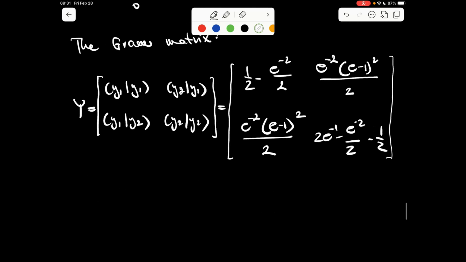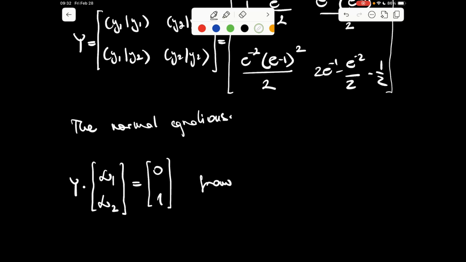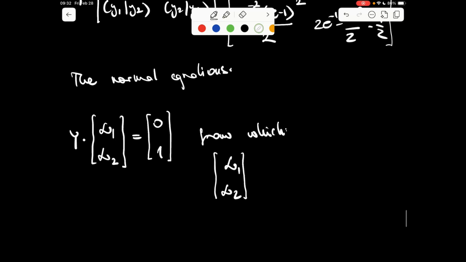Okay, and the normal equations on this ground: we have the Gram matrix equal to this vector C1 and C2, from which we receive these unknown parameters for the linear combination in this form.